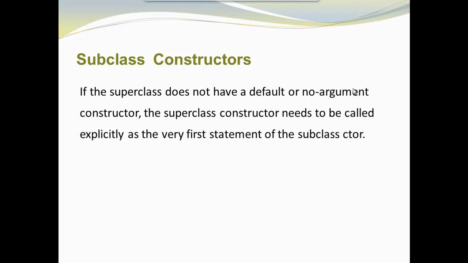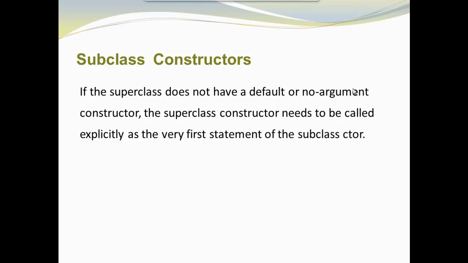Now, if the superclass does not have a default or no-argument constructor, then the superclass constructor needs to be called explicitly as the very first statement of the subclass constructor. That implies that the only constructors available are all parameterized, so no matter which constructor we would choose to call, we always need an argument.